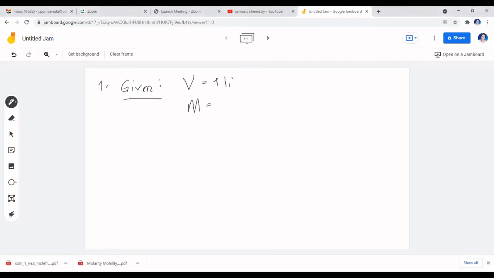So this is 0.125 molar of potassium sulfate. So you are required to determine the mass. So the mass of the solute in this case. So this is the unknown.